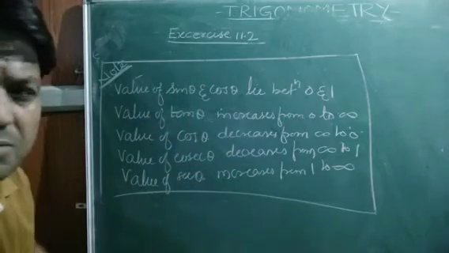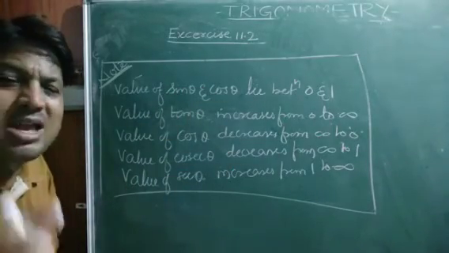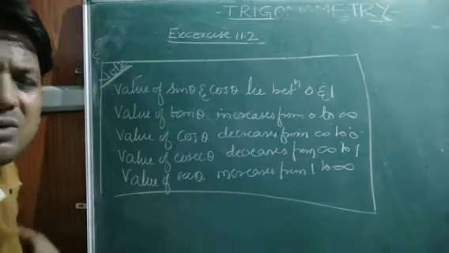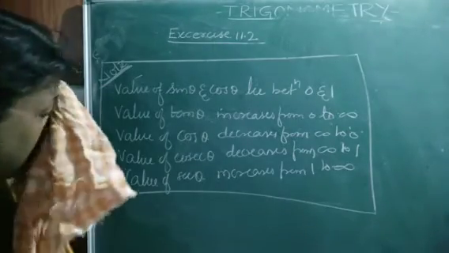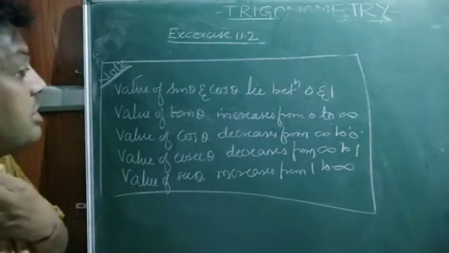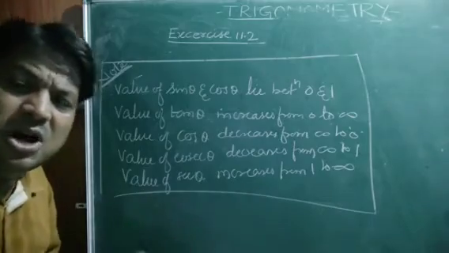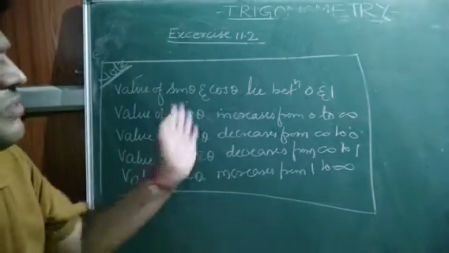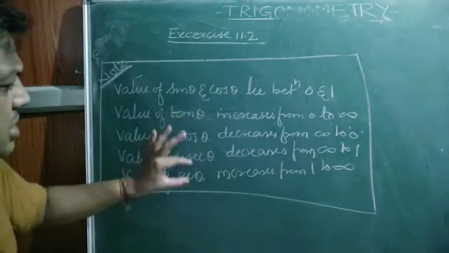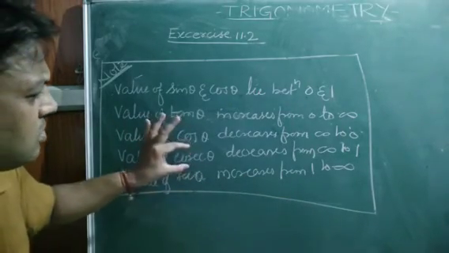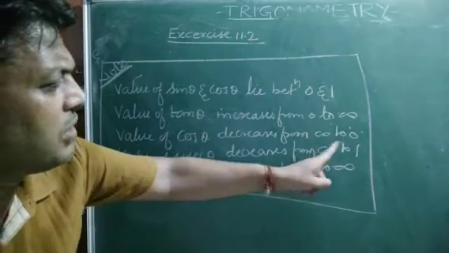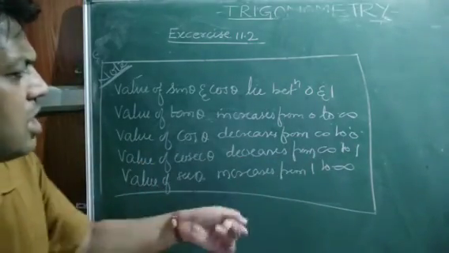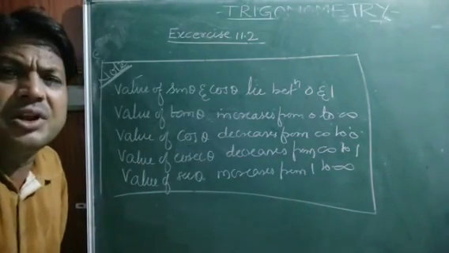So you must have the idea that sin theta and cos theta values lie between 0 and 1, the value of tan theta increases from 0 to 90, that is 0 to infinity, and cot theta decreases from infinity to 0. Cosec theta and sec theta are just the opposite: cosec theta goes from infinity to 1, and sec theta from 1 to infinity children. Okay children?